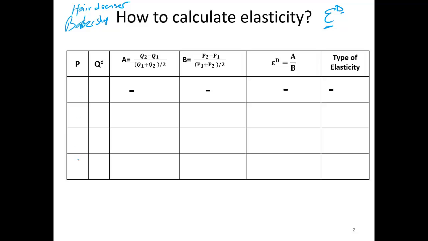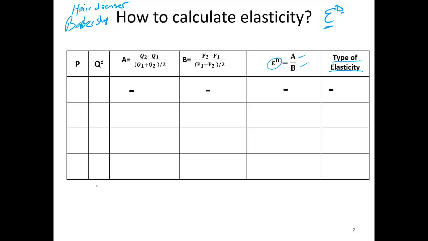So here's the price, quantity demanded, and this is the numerator of the price elasticity of demand, and this is the denominator. And here finally we're going to calculate the price elasticity of demand fully, and then we're going to actually tag these elasticities. We are gonna give them various names.